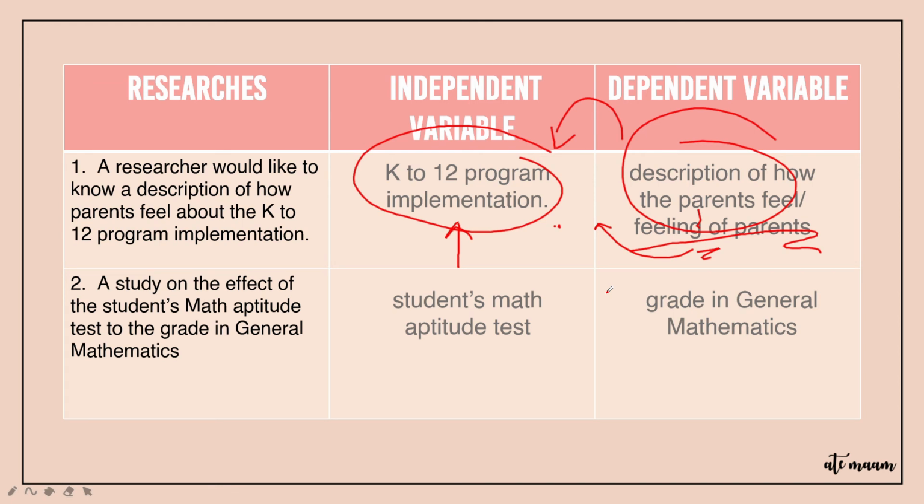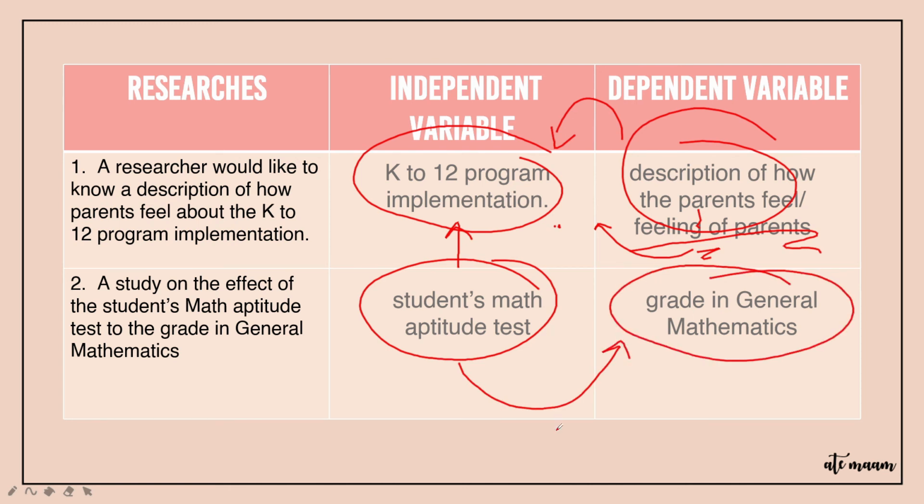Why? Again, ang independent variable natin, ito yung condition, ito yung manipulation, ito yung binigay natin para makuha si dependent variable. So, ano bang binigay natin sa student? We gave the students the math aptitude test para makuha natin ang ating outcome, which is the grade in general mathematics. So, again, independent variable, ito yung experiment, manipulation, and condition para makuha si dependent variable.